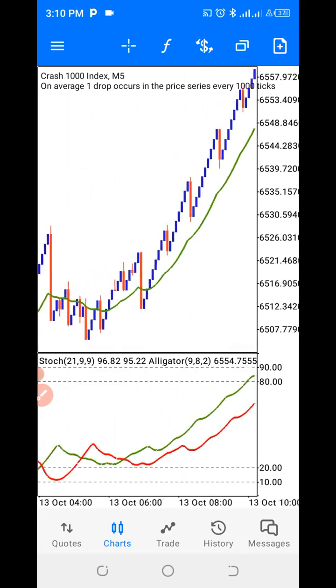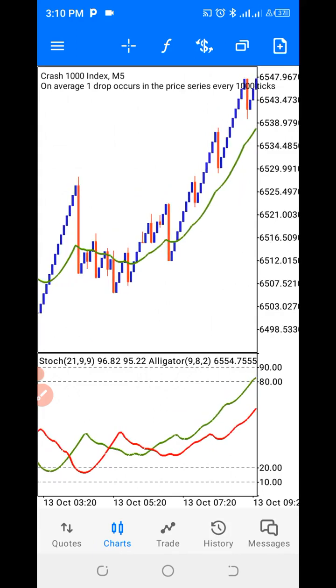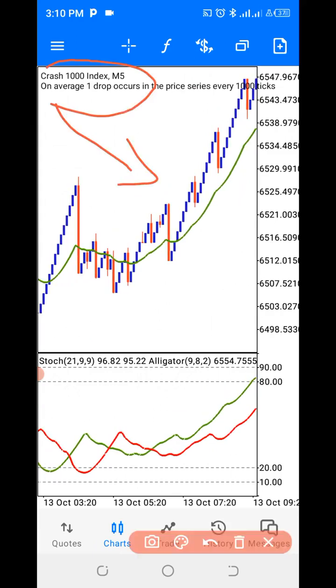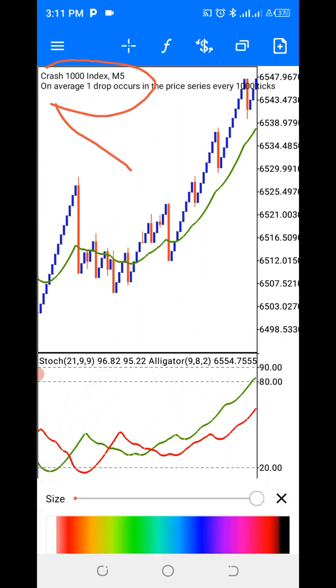So basically, you see this green moving average, right? It has to cross this red one upward. Let me use another color. Let me use blue.